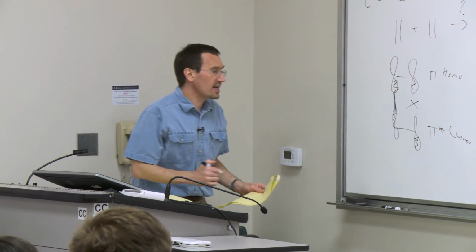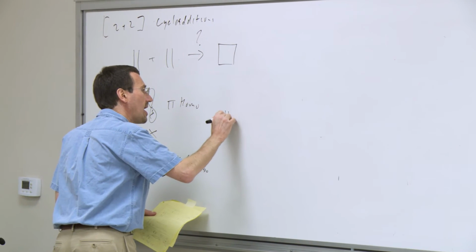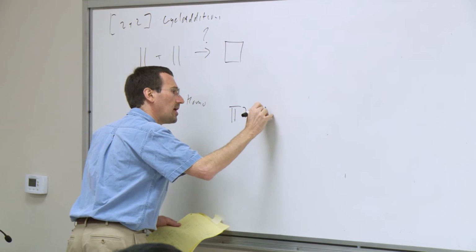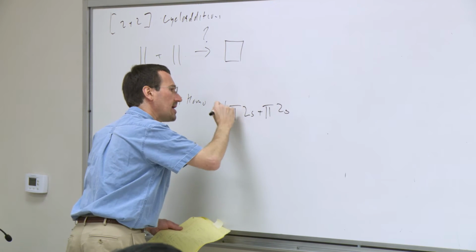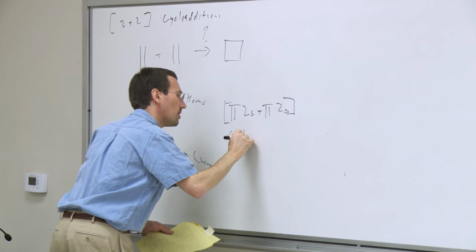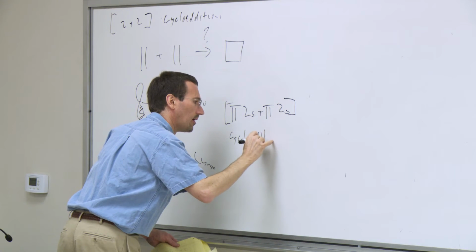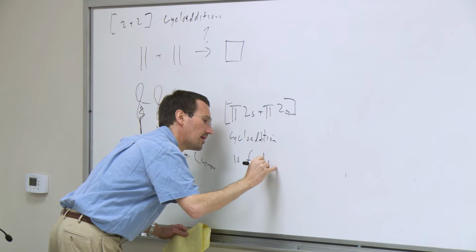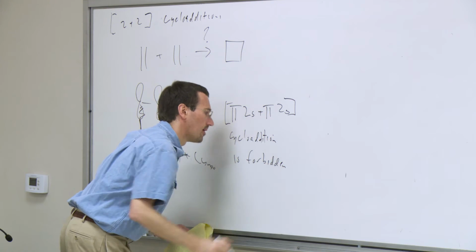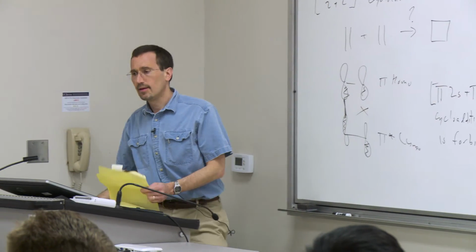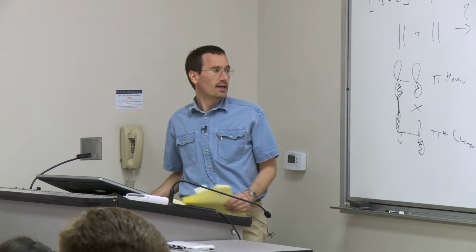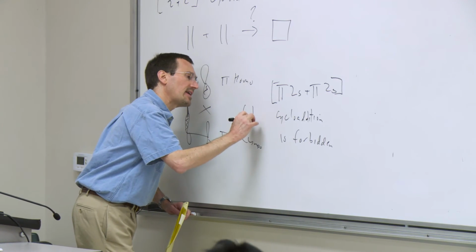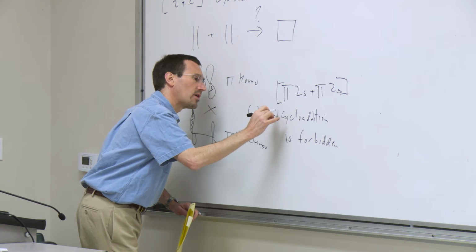What this is saying is that a pi 2s plus pi 2s cycloaddition is not allowed. It's forbidden. And I'll add just parenthetically, thermal. Don't worry about that yet, because I'll show you the exception in a moment on this reaction.